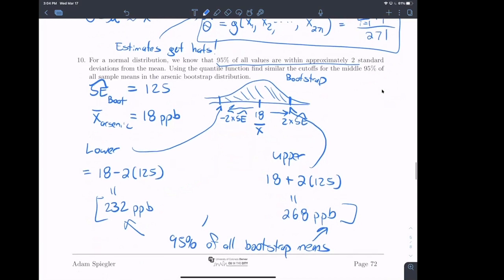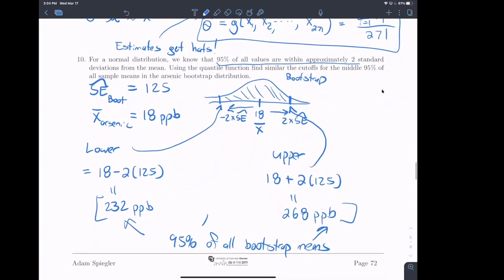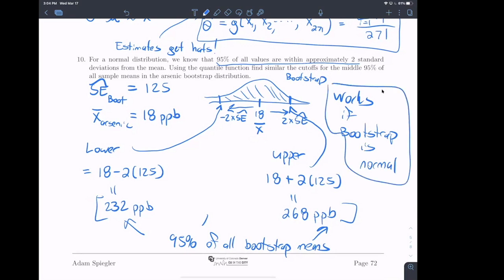So that's one way confidence intervals are set up, because usually sampling distributions are normal. So this rule of thumb works if the bootstrap distribution is normal.